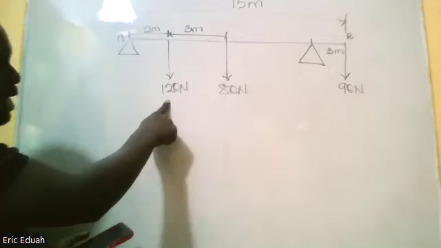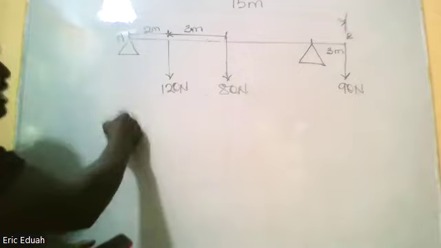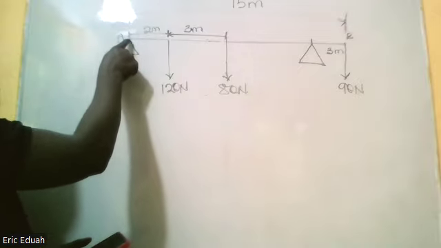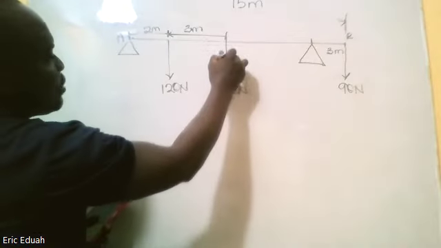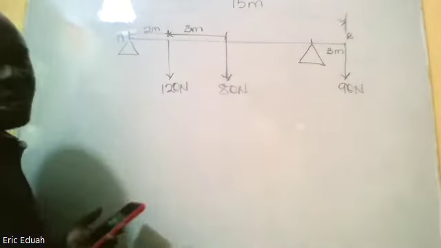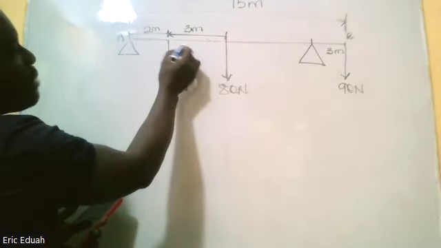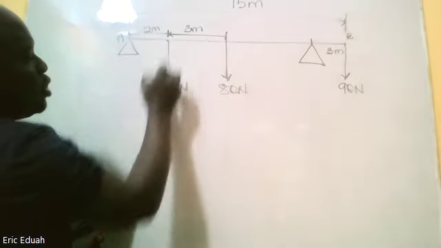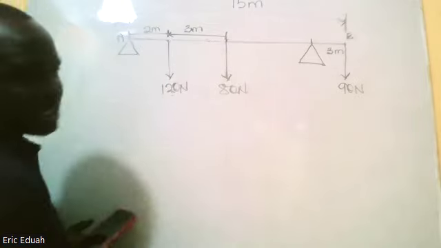Then we are told that we have another load, 80 Newton, which is 5 meter from the left end. So it means that when you measure 5 meter from this point, you locate the position of the 80. But already, this is 2. If this is 2, then I must measure extra 3 meter from the 2, where this load is, to locate the dimension of this.